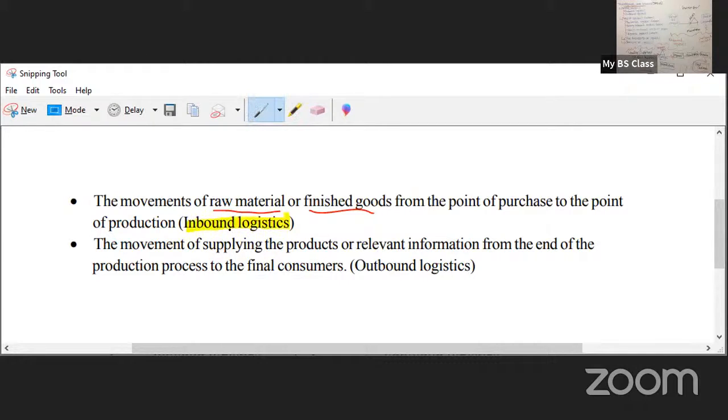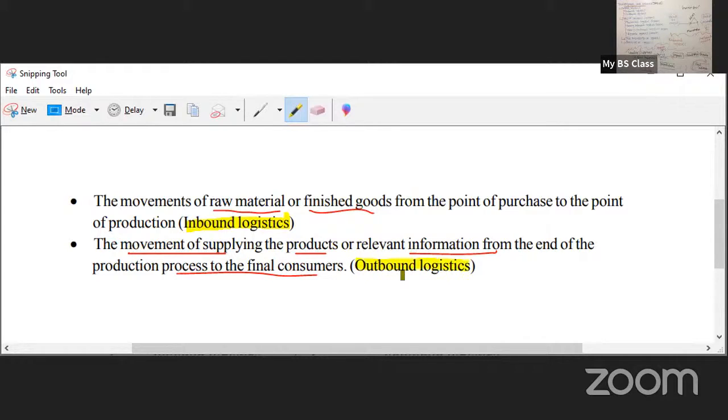And then, once you are done with the production, now you have a finished product with you in your warehouse, in the manufacturer's place. So now the movement of supplying the products or the relevant information from the end of the production process to the final consumer, that is what we know as the outbound, right?